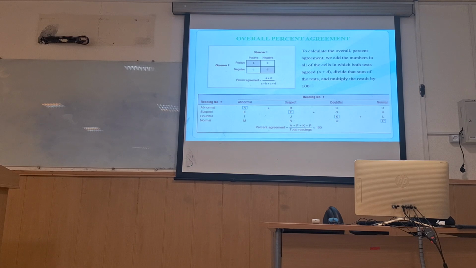The first radiologist classified X-rays or results of the test into 4 categories: abnormal, suspect, doubtful, and normal.